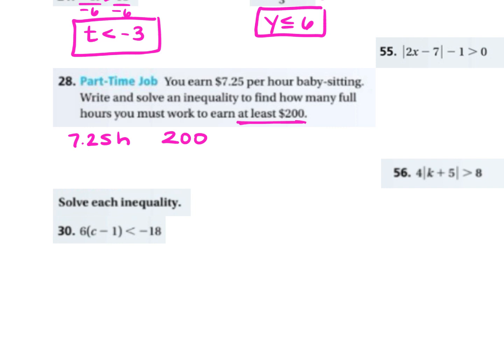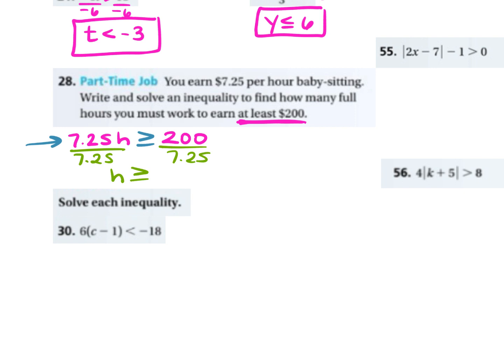So if we want to earn at least 200, then we want this number, this 7.25h, to be greater than or equal to 200. Because if it was less than 200, then you're not making at least $200. So this is your setup. Now you solve it. So divide by 7.25, and you get h is greater than or equal to, oh, I didn't work that out.